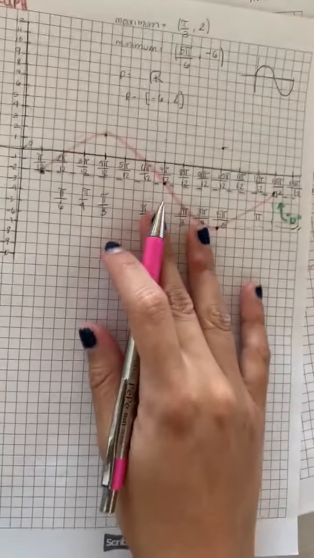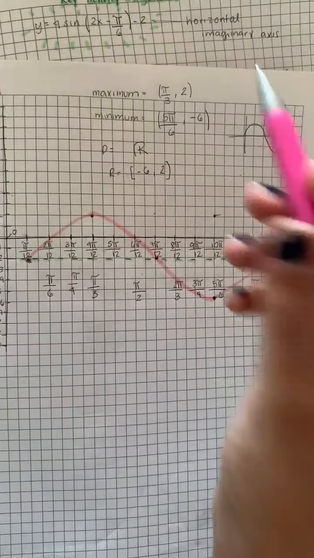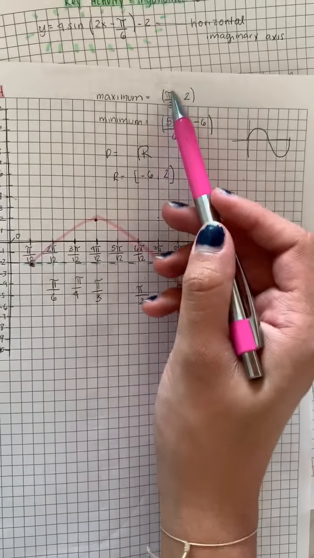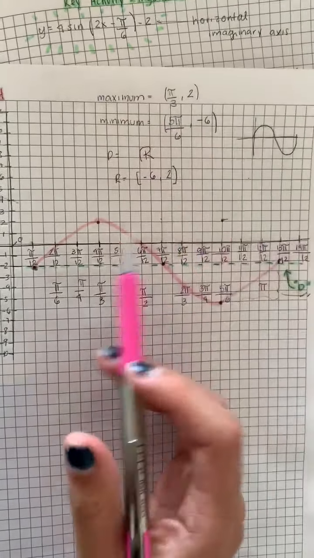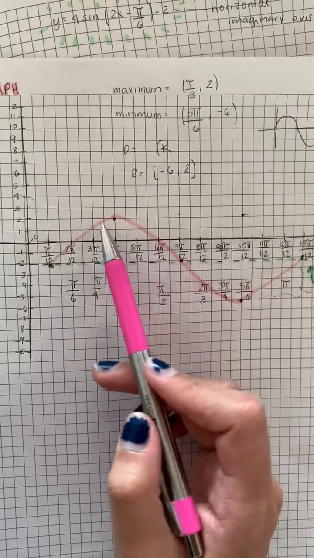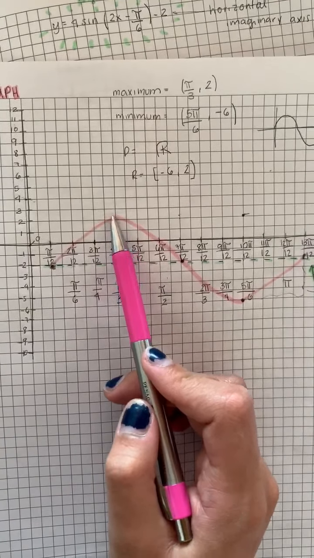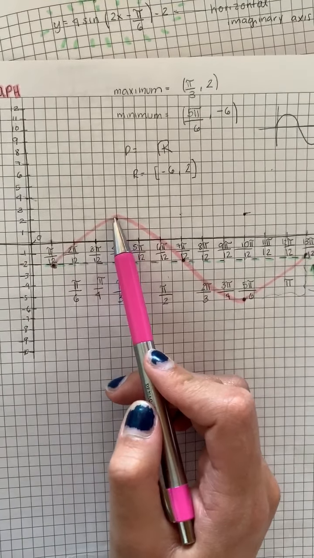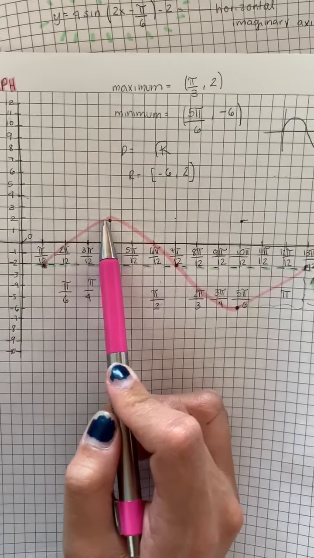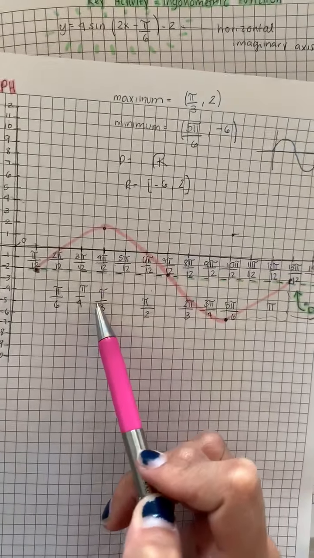Then, for getting the maximum value, you're going to put always the radians and then the points. That means your x-axis and then your y. Okay, so your maximum point, as you can see, is here. It's the tallest and the one who has more points. So here, you look at your graph and see where it is standing.